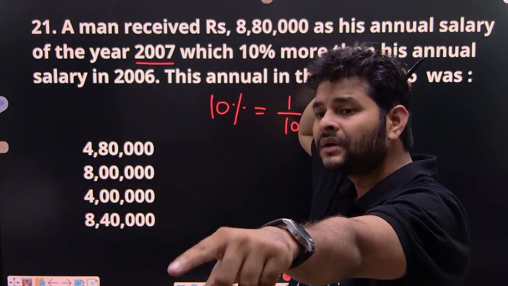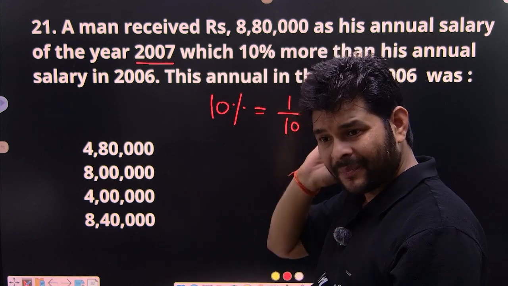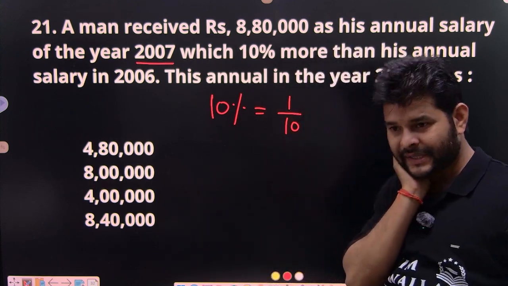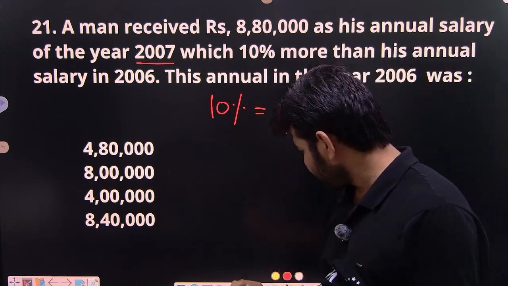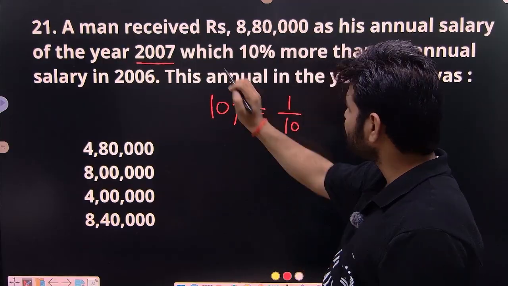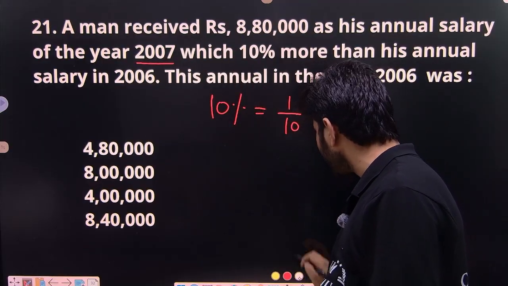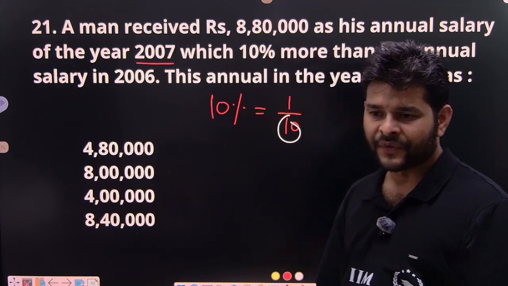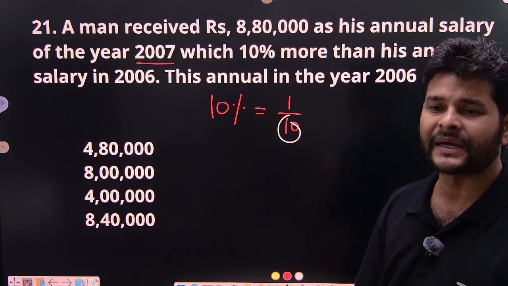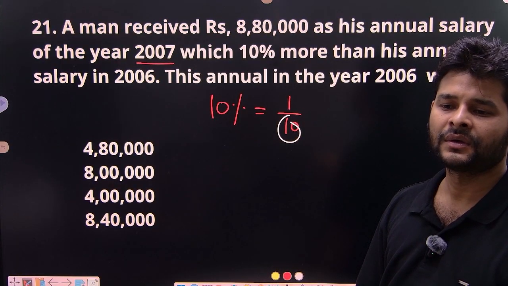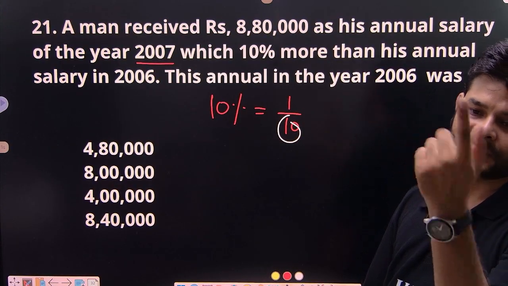We are comparing 2006. That means the value written in the denominator must represent the salary of 2006.